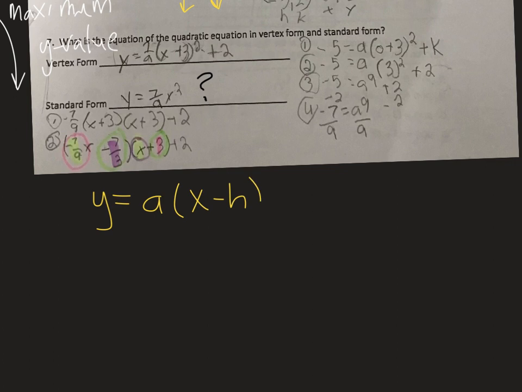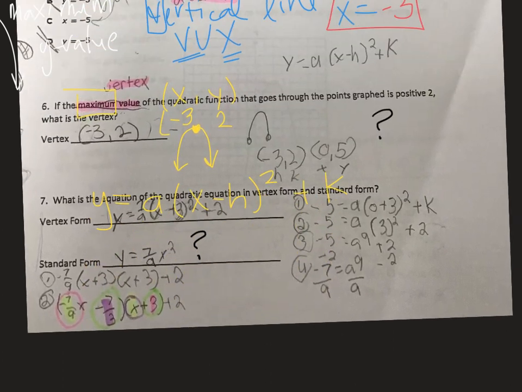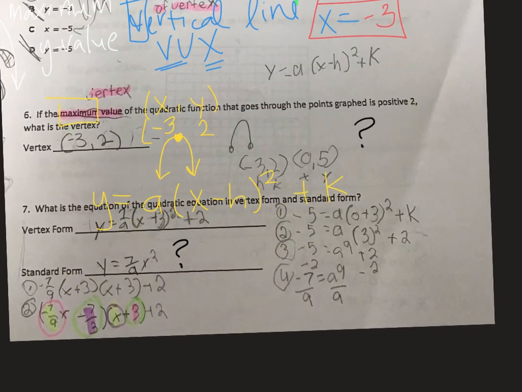Okay, so it's called vertex form because this tells you your vertex. Over here when I wrote -3, 2, since we were talking about the vertex, I can tell you that that is your H and your K that we're about to use, okay?